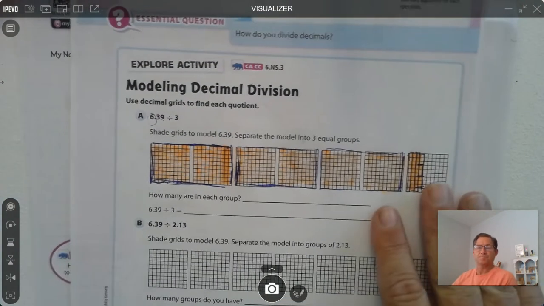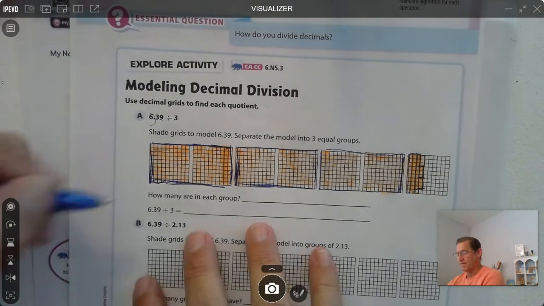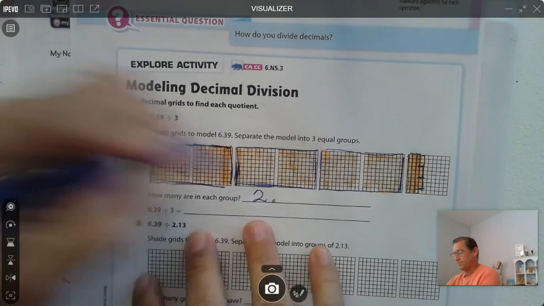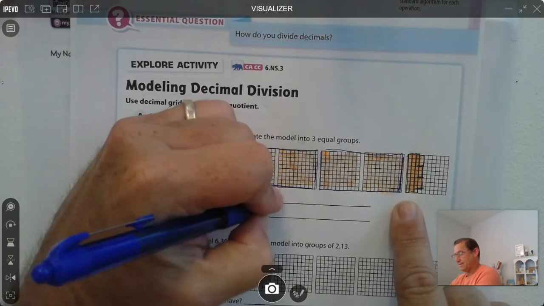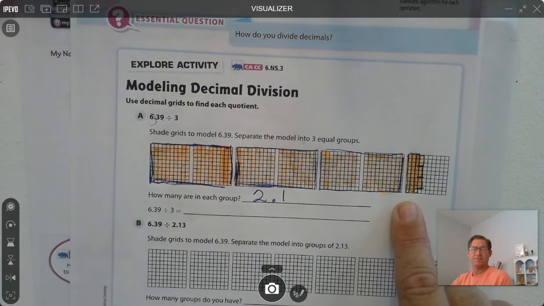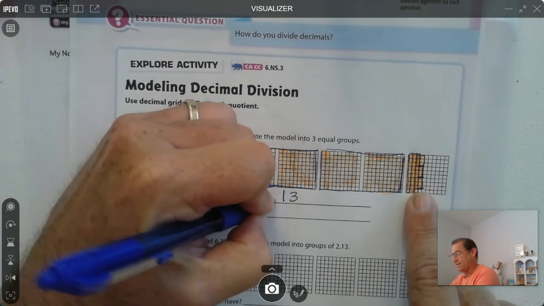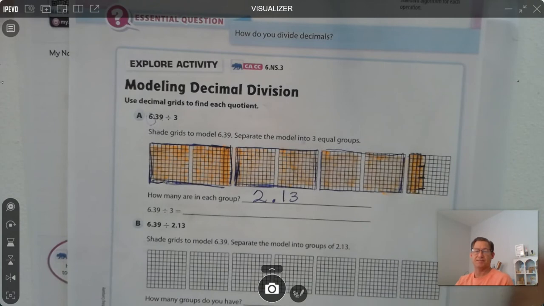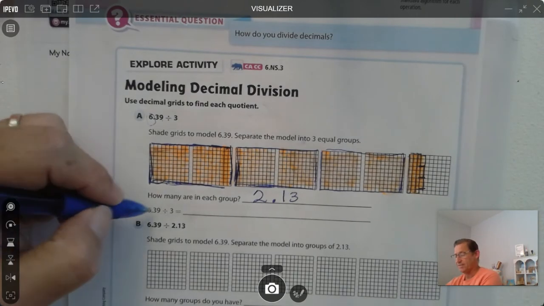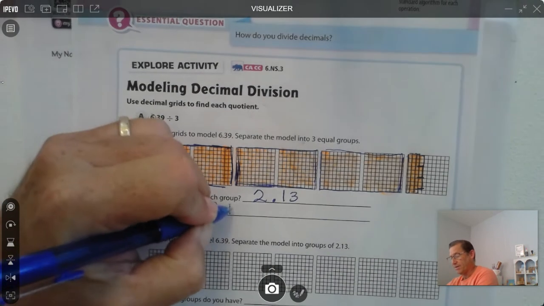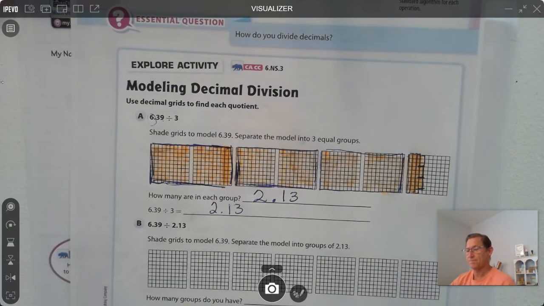Okay. So how many are in each group? Well, we have 2 wholes, we have 10 hundredths, and we have 10 tenths, and we have 3 hundredths. So 2 and 13 hundredths. So 6 and 39 hundredths divided by 3 is 2 and 13 hundredths.